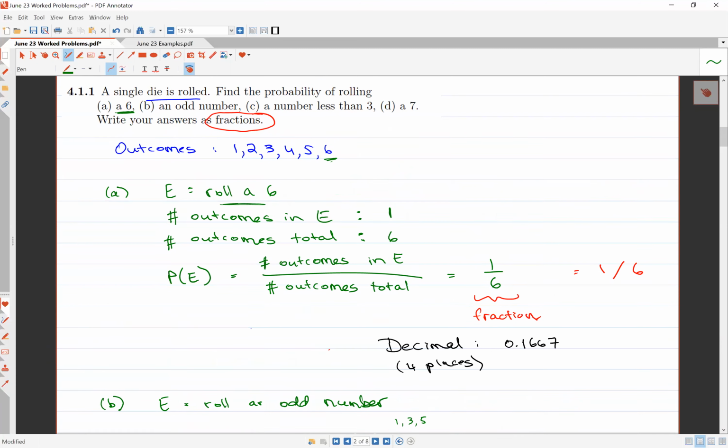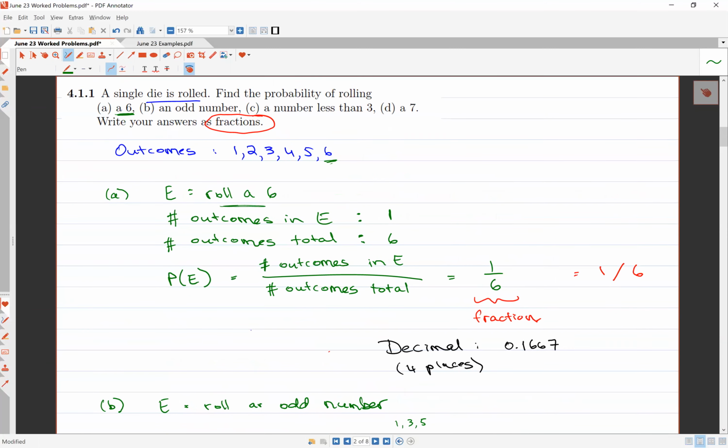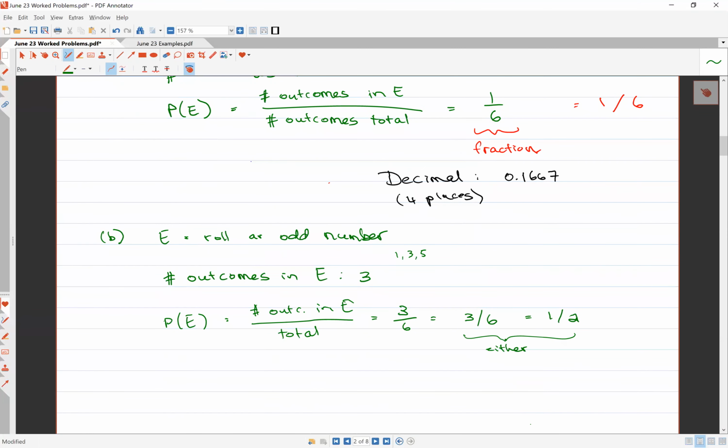Let's look at our third event. Our third event says we roll a number less than 3. So I'm just going to write out the outcomes again. 1, 2, 3, 4, 5, and 6. And I want to identify which of them are less than 3.